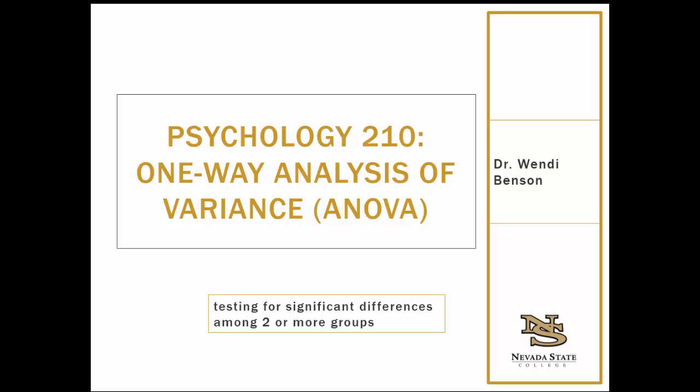But within that one quasi-independent variable, we have four different levels. So let's say we're comparing benevolent sexism perceptions across heterosexuals, gay males, lesbians, and bisexuals. So we have four different levels of sexual orientation for that one independent variable.